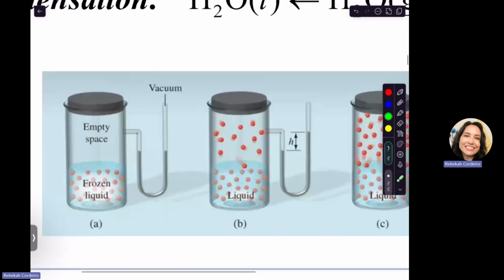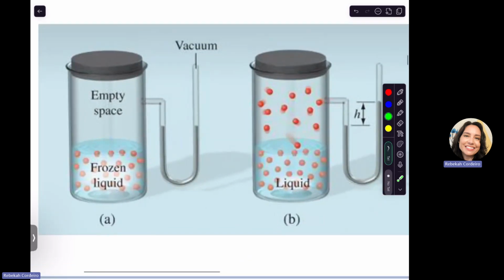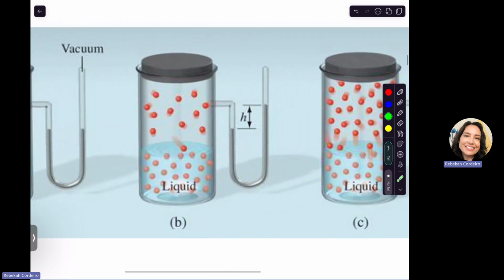Thinking through this, we have a liquid that's frozen at this point, we let it heat up, and it turns into a liquid. When it turns into a liquid, we're going to have some particles that are gas because some particles at any given temperature will have enough energy to jump out. They are going to put pressure on the container, which means in this little tube here, we're going to be pushing the mercury up a little bit.